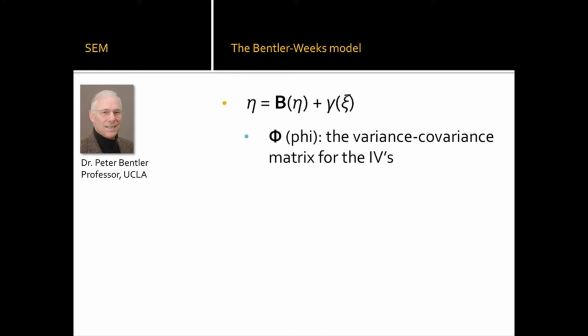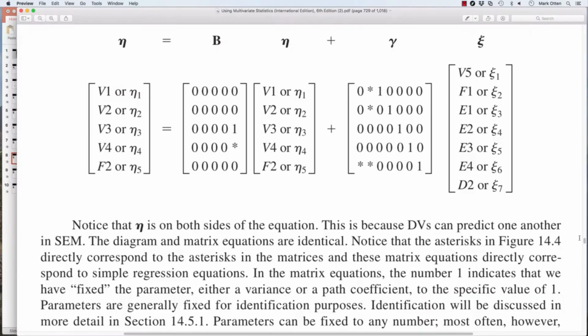And then we have the last one here, which is actually outside of the framework that you see at the top, that fundamental equation. This one is just a covariance matrix for the different IVs. So we need to state the relationships between the IVs as well as we're putting together the model. So let's see how this plays out in the small sample example.